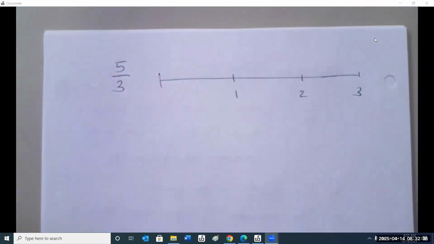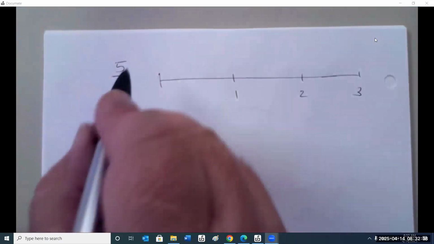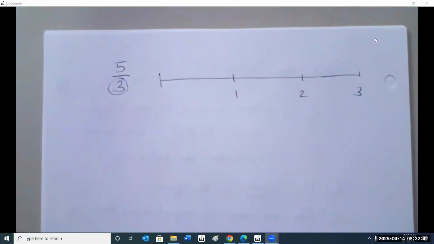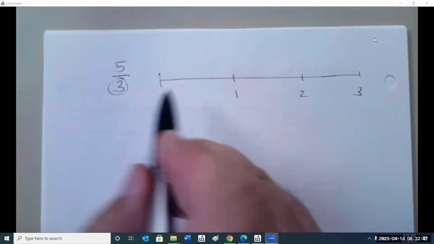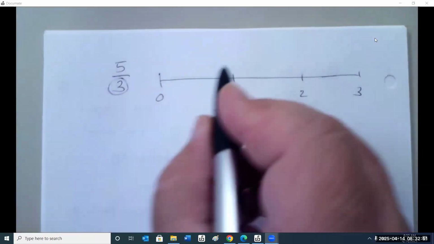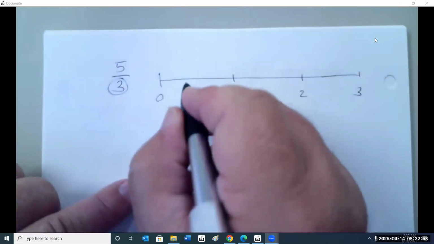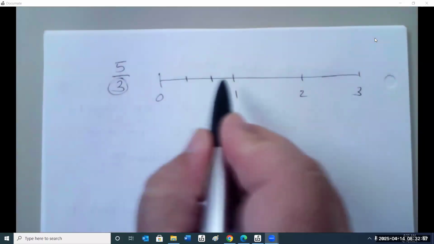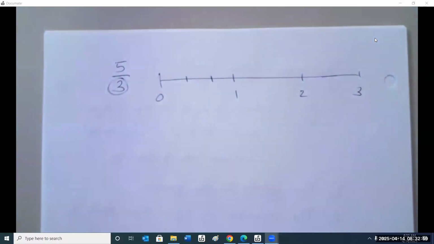The way you would represent this, the denominator tells you how many cuts you make between 0 and 1. We have to have 3 units. So if there has to be 3 units, that means there has to be 2 numbers inside there. Because here's the first set, second set, and third set.